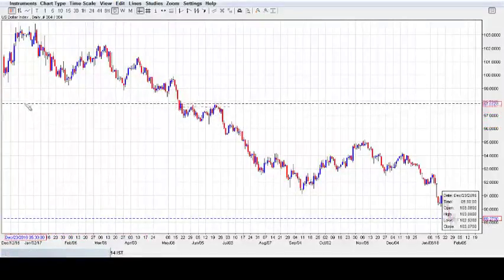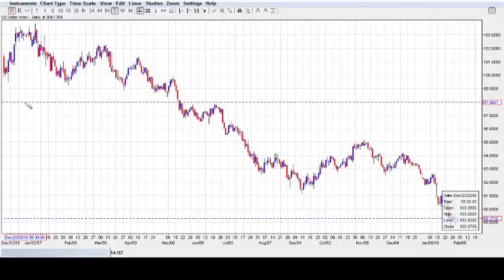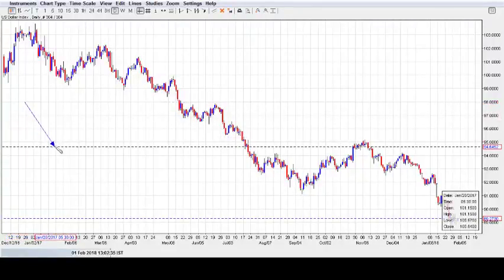Talking about the most coveted pattern of the wave principle, the impulse wave, let's understand the impulse wave first and try to find an analogy with the dollar index right now.